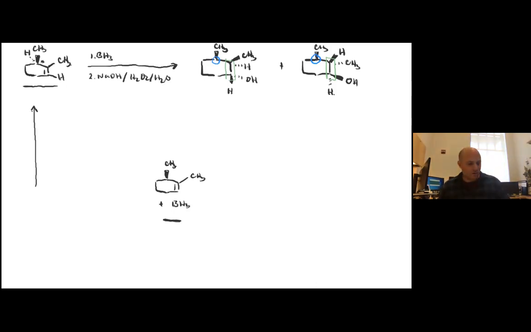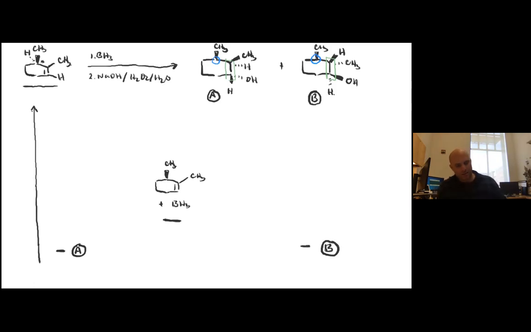Okay, so there's our alkene plus borane. And let's call this product on the left, just so I don't have to rewrite everything, A, and we'll call the one on the right B. Okay, and so product A is going to be somewhere down here. And then product B will be somewhere over here.